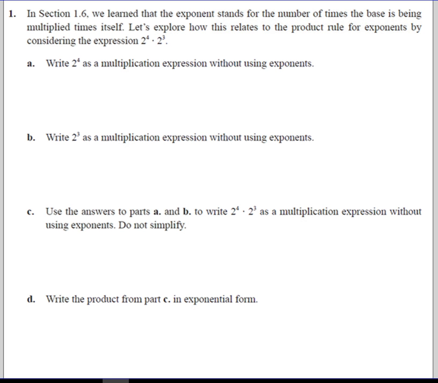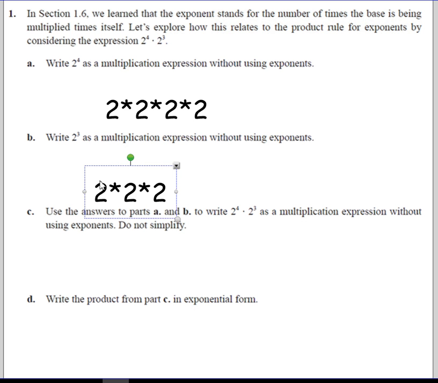So if we look at 2 to the 4th times 2 to the 3rd power to simplify it, we can write 2 to the 4th power as 2 times 2 times 2 times 2. If we expand that out, it's called expanded form. And 2 to the 3rd power would be 3 of them, so 2 times 2 times 2.